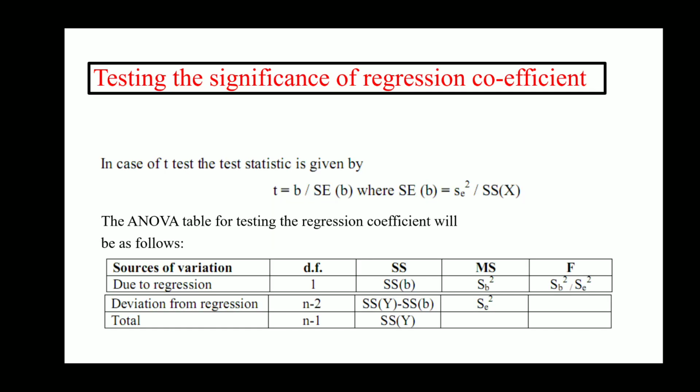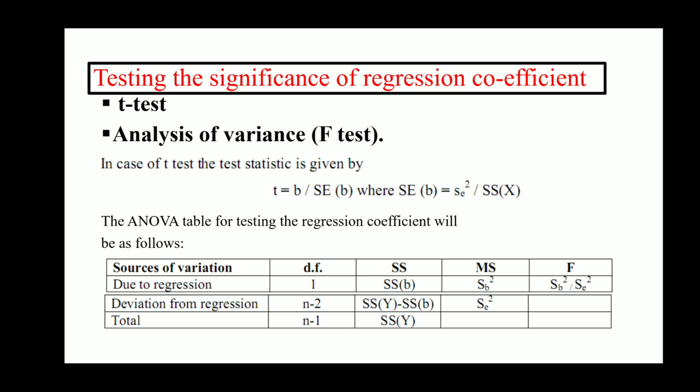Now we know what regression is and how to fit a line. Now we should know how to test the significance of the regression coefficient. So we have two important methods here. First is the t-test, second is the analysis of variance test. In this lecture we are not going to discuss these two tests.